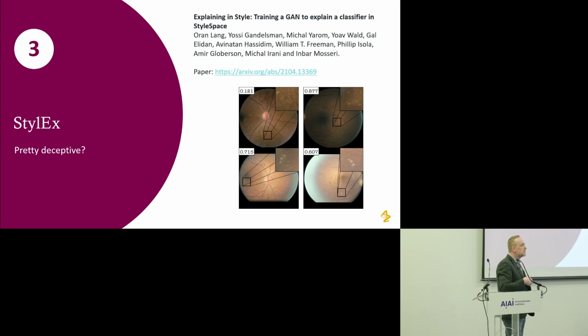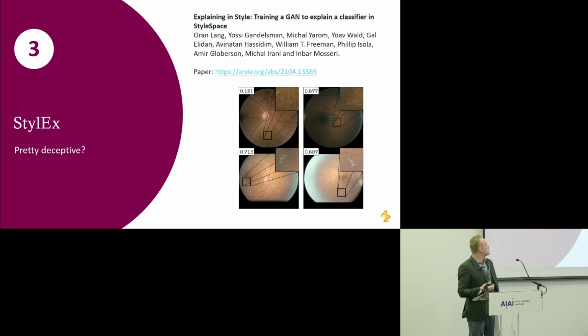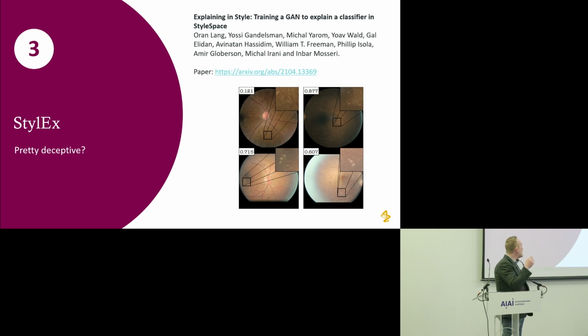What they wanted to do was they had an algorithm that could diagnose various conditions from looking at these photos, and they wanted to make sure that it was using the right features, that it wasn't cheating, it was using sensible, salient features. And so they used StyleGAN, a generative adversarial network, to generate the features on the image in order to trigger the classification that they cared about.